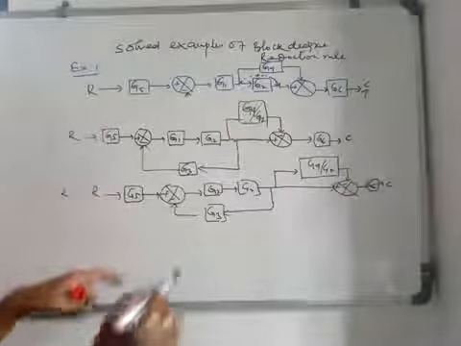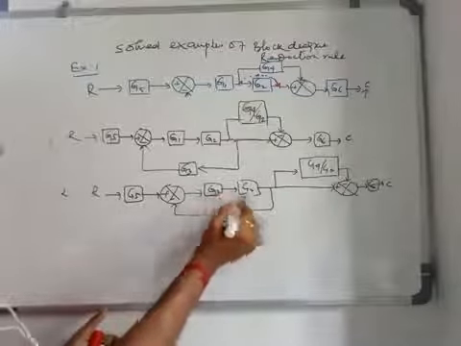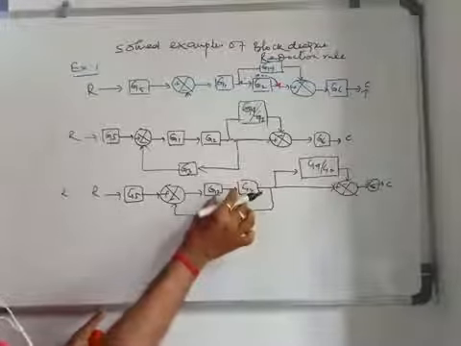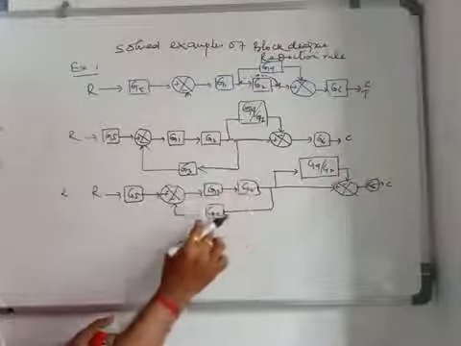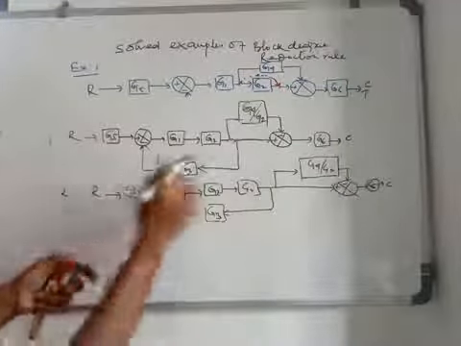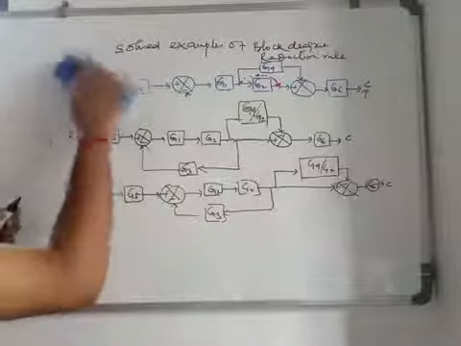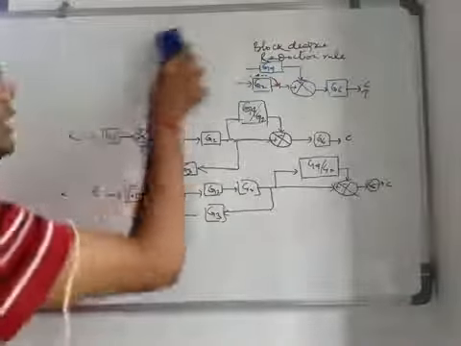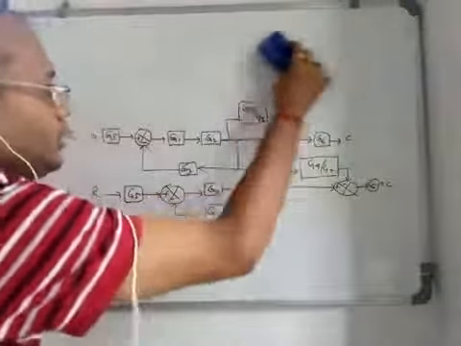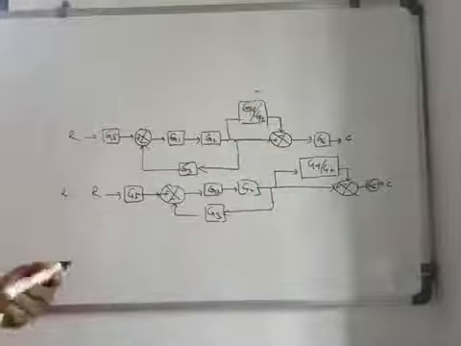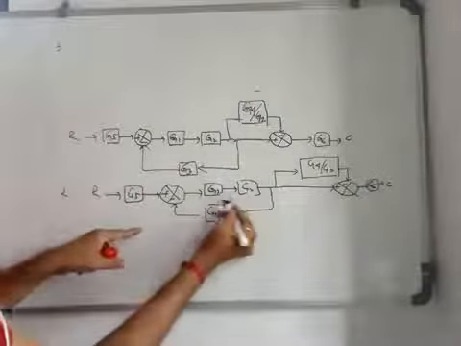So what happens now? See, this G1 and G2 are in cascade. So I can just write the cascade connections with G1 and G2 and G3 and see this block. Now I will remove this original block, and in step 3 that I will have to do, just make this cascade.